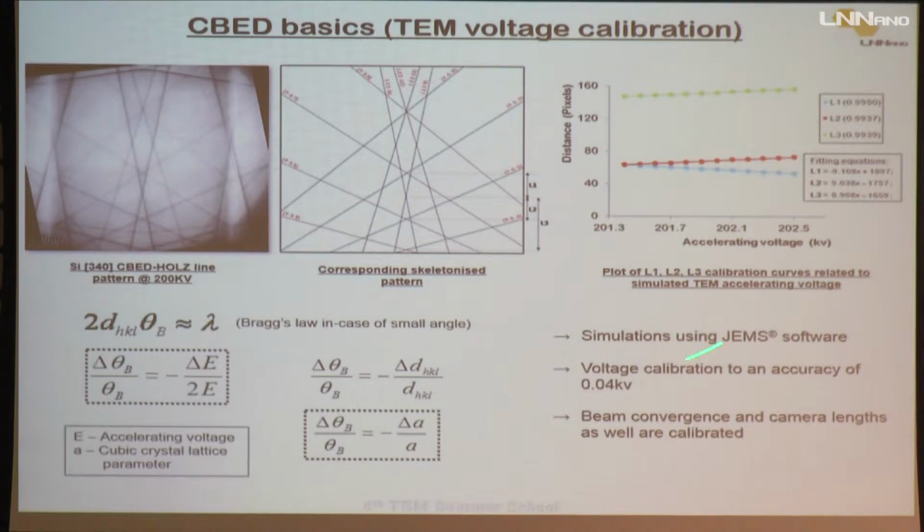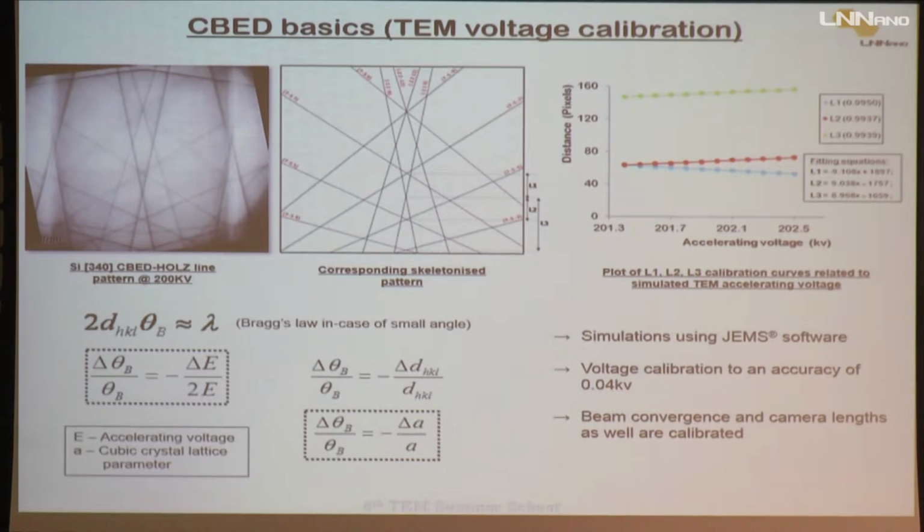Here I have plotted from 201 to 202.5 kV the distances L1, L2, L3, the intersection points from here to here, and how they vary. Then measure these values in your experimental pattern, input them here, and calibrate your accelerating voltage.